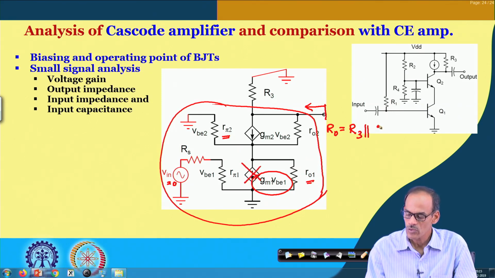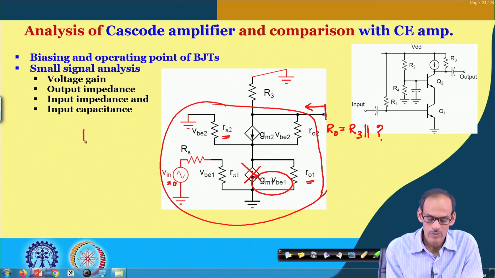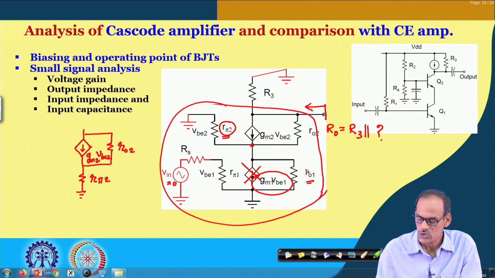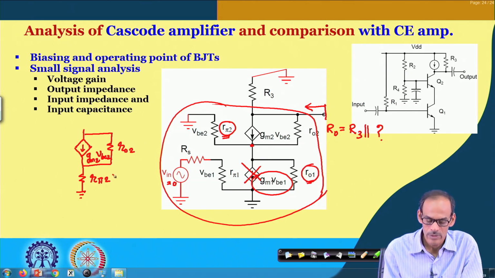To know this resistance, what we can do is draw the rest of the circuit to get the equivalent resistance. So, we have R O2 and then we have G m2 V BE2, and at this node we have R pi 2 connected to ground, and also R O1 connected to ground.